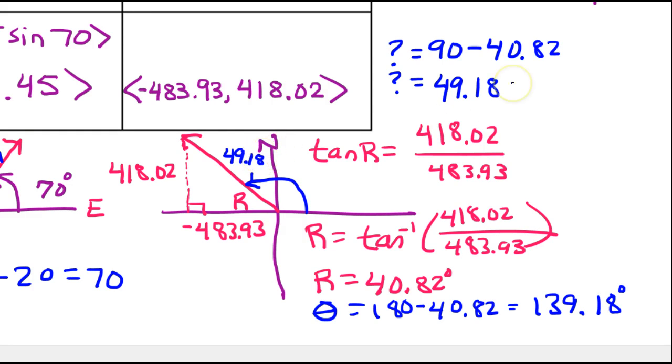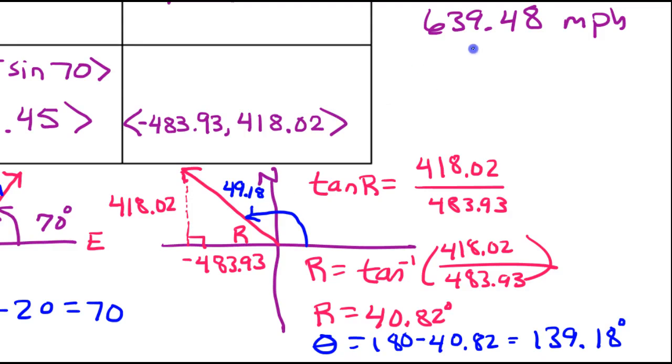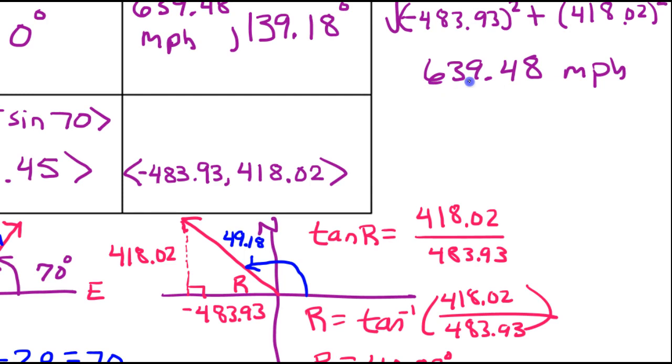So here's how we will record our final answer. We're supposed to write the magnitude and direction of the resultant vector. The magnitude is right here, 639.48 miles per hour. So now we just need to add on the direction, and now we're going to do it in the same format.